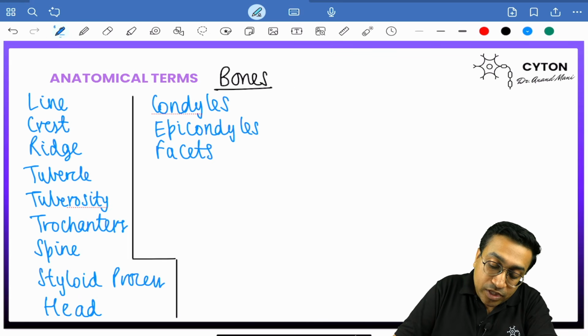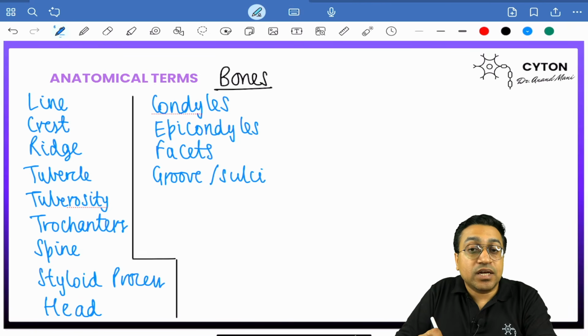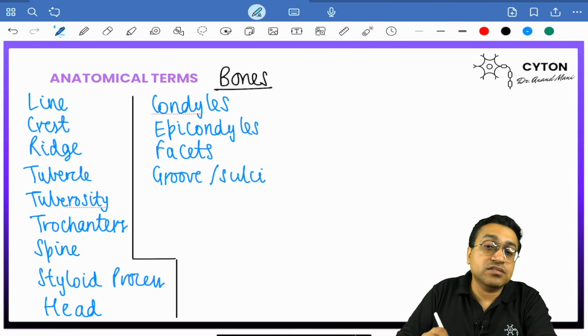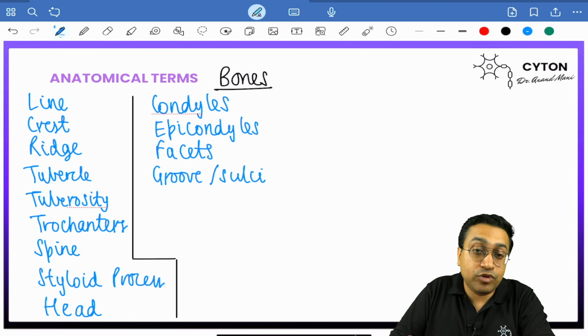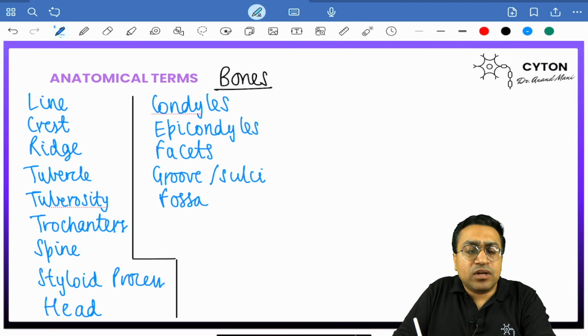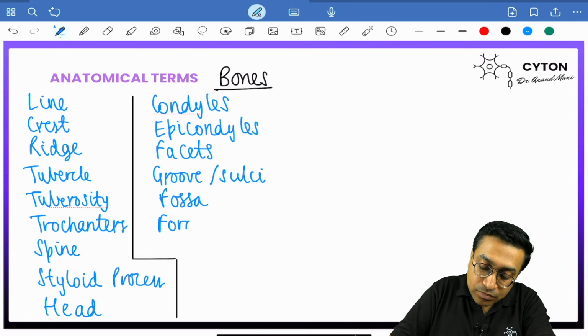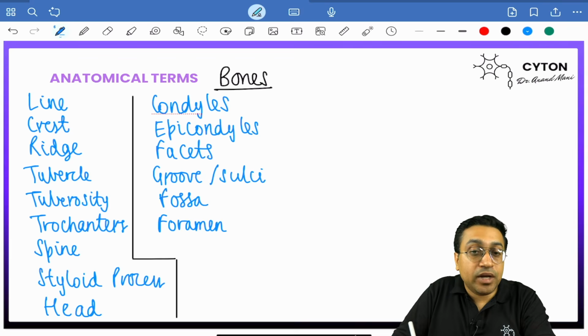Okay, then grooves or sulci, these are linear depressed areas, example radial groove of humerus. Then fossa, larger hollow depressed areas, example radial fossa of the humerus. Foramen, hole in the bone for the passage of the nerves and vessels, example foramen ovale of the skull.